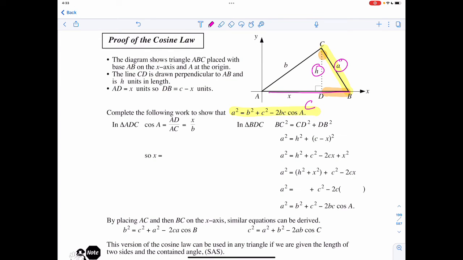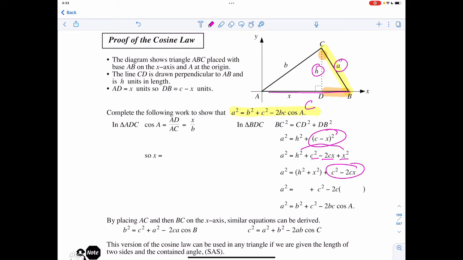Based on that, I'm just solving my Pythag like we previously have. I can square that out and say that it's going to be c squared minus 2cx plus x squared. The next thing I'm going to do is group together my h squared and my x squared and leave my c's off to the side.